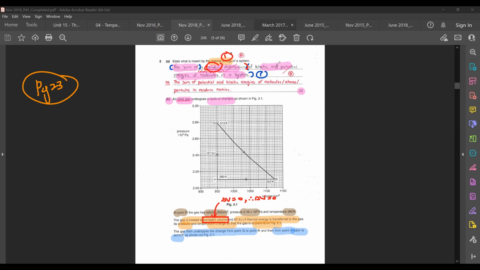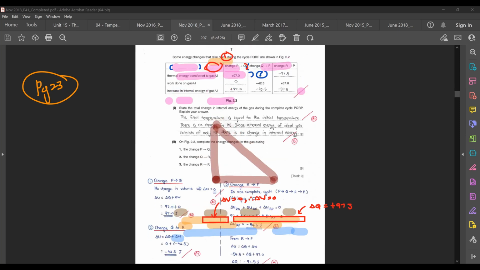And then they also mentioned that 97 joules of thermal energy is transferred to the gas. This is telling you that your heat is positive 97 joules. You are having heat supplied to the system rather than heat released from the system. So you are going from P to Q to R, then to P. You're going across one whole cycle like this, according to what the question has said.